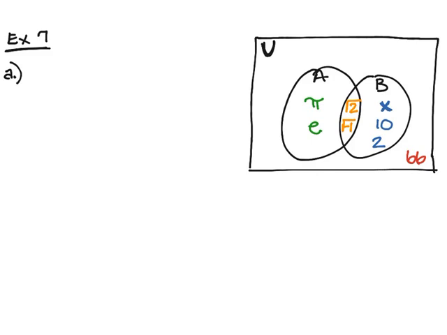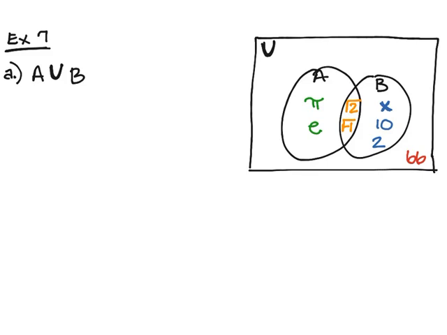Here's our first operation. We have A, and what's that symbol? Union B. Okay, A union B. So all I want to know is A union B, meaning what? What's in A and what's in B, and don't what?